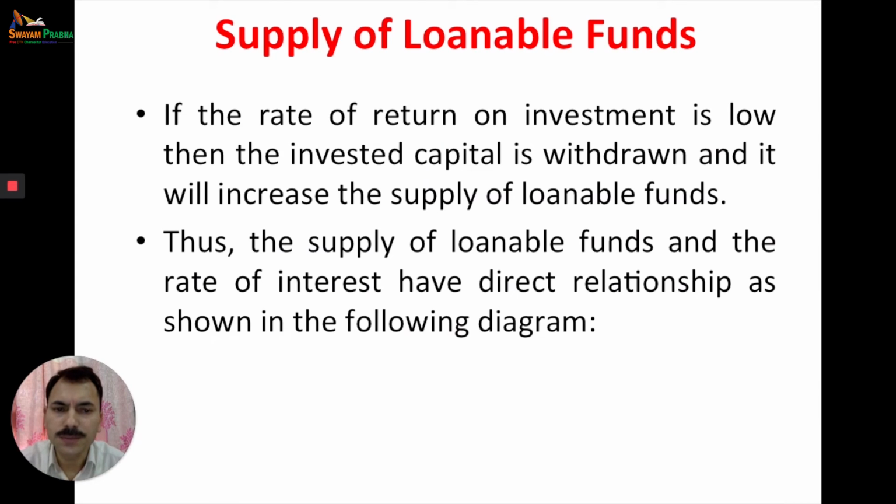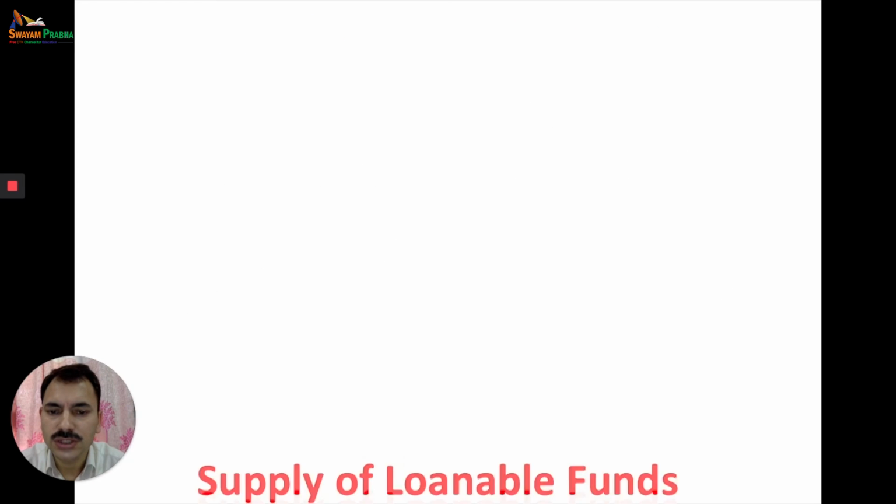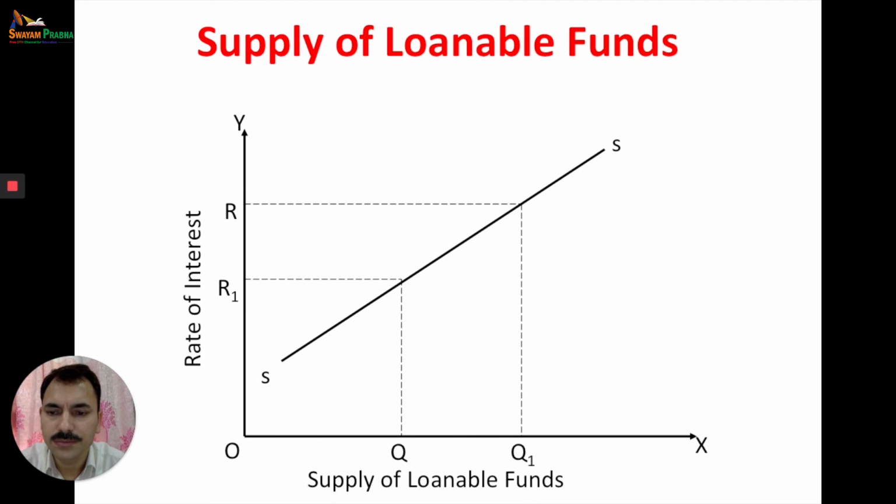Thus, the supply of loanable funds and the rate of interest have a direct relationship. We can see this with the following diagram. There is a positive and proportional relationship between the rate of interest and the supply of loanable funds. We already discussed this in the classical theory, but there it was supply of capital only; here it is supply of loanable funds.